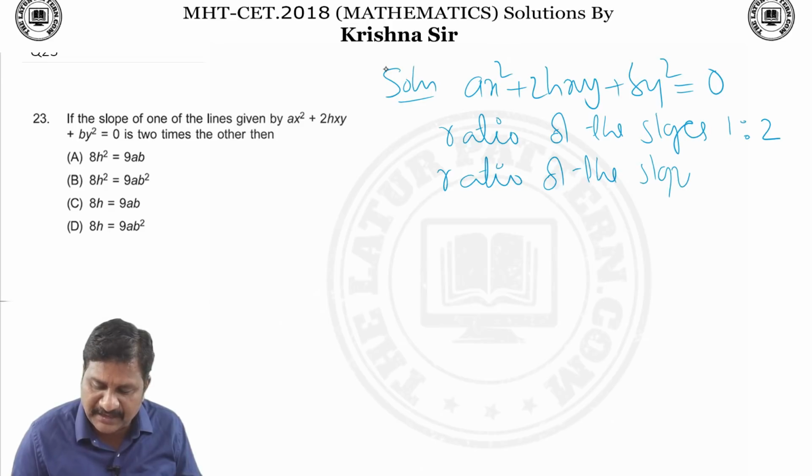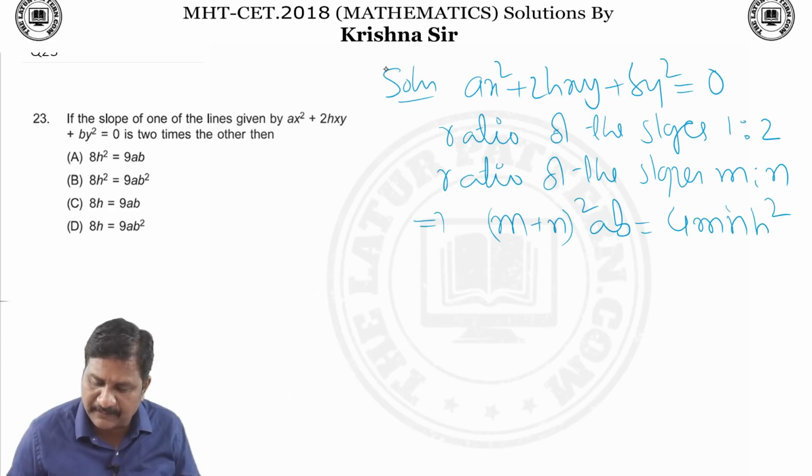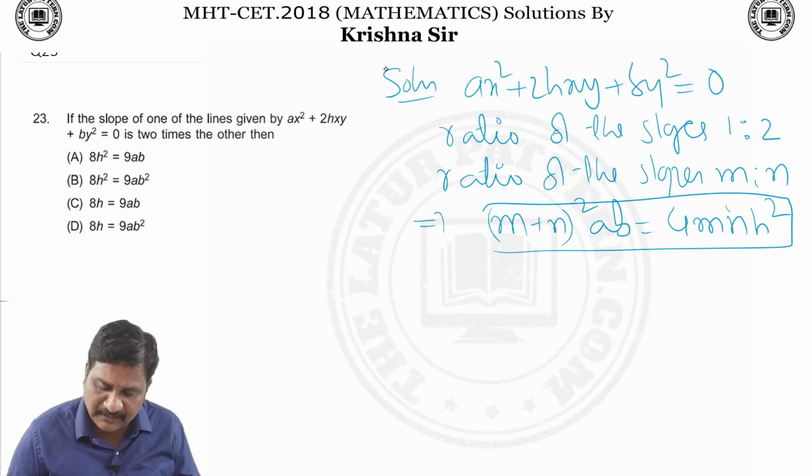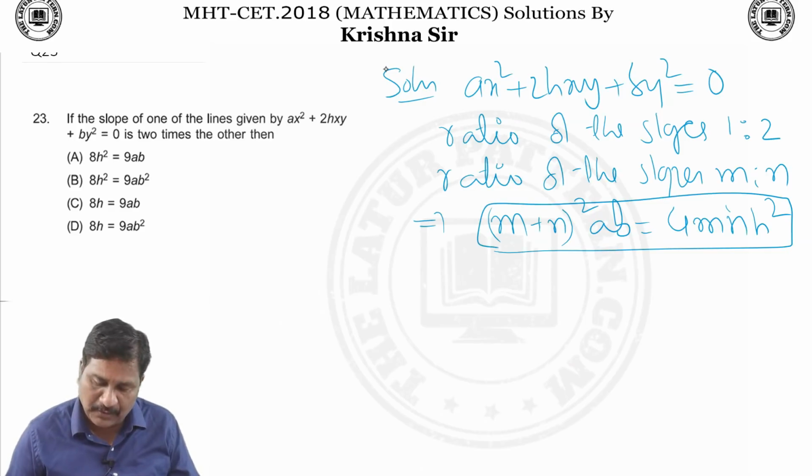We know the ratio of the slopes m is to n, then we have the relation (m plus n) whole square into ab is equal to 4mn h square. This is when our slopes are in the ratio m is to n, where m is equal to 1, n is equal to 2.